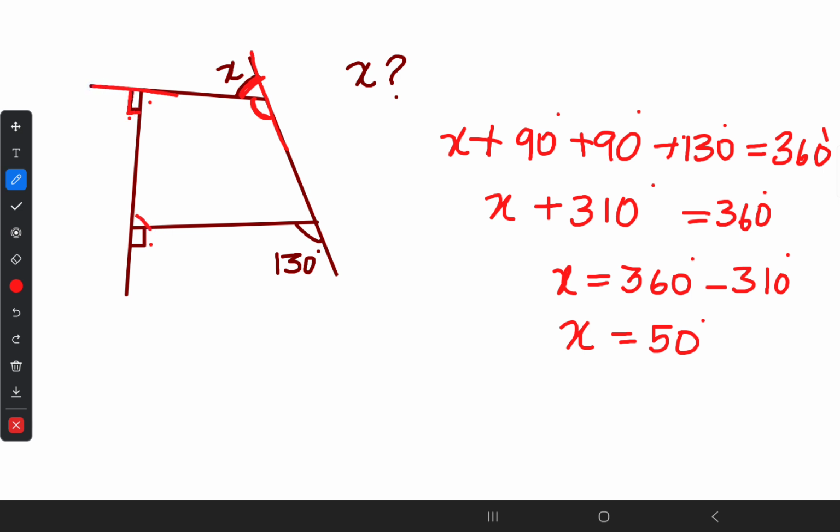Here this is the interior, correspondingly we extended to find the adjacent exterior angle. Here also this is our interior angle when we extend this line. It doesn't matter whether you extend in this way or in this way, but you should identify the proper exterior angle. Here the exterior angle is 130. Finally, after simplification, we got the answer for x as 50 degrees.